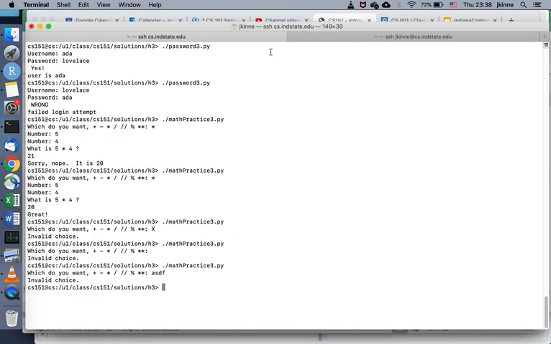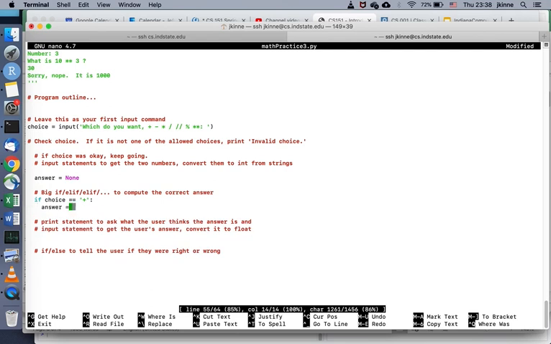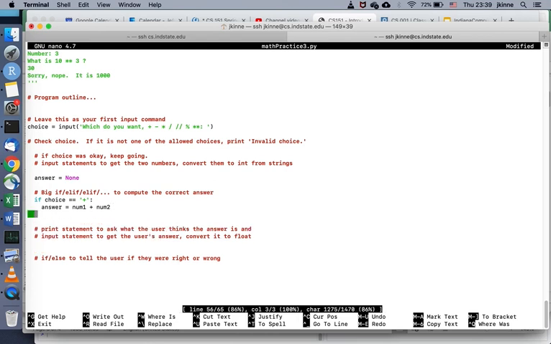Depending on what the operation was, you're going to have something like: if choice was plus, then answer equals, it depends on what your variables are, elif, and then all the other possible options. If you use the same variable name, answer, for each of those, then at the end, the answer variable has the answer.